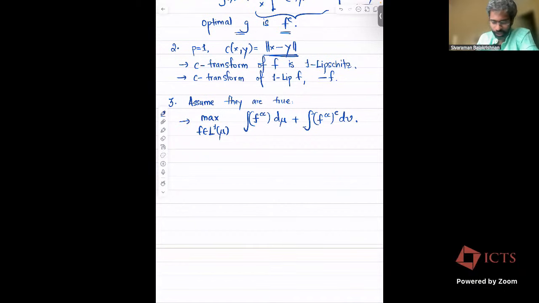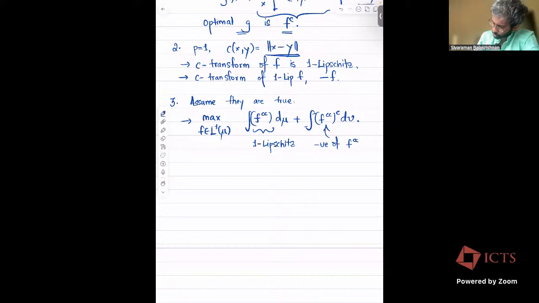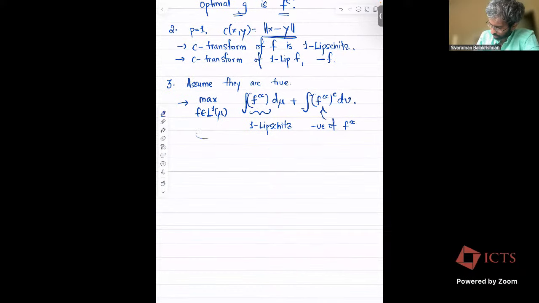So let me tell you why we're doing all of this. One thing that we know is that this is a Lipschitz function. This is 1 Lipschitz. And this one will be the negative of that function. So you can equivalently think about the dual in the case when the cost is the L1, the W1 cost, that is this one.